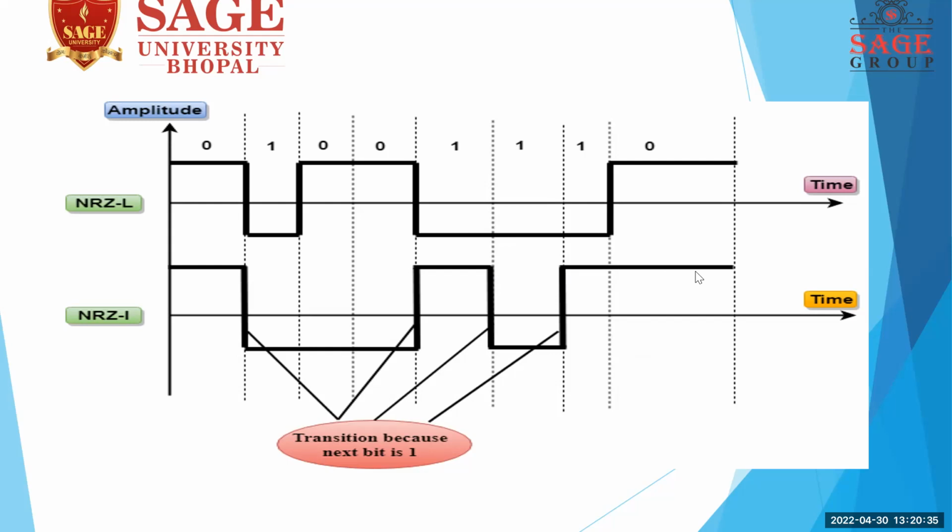So like that this signal flows according to the conditions and methods, with respect to time and amplitude. So this is NRZ-L and NRZ-I.